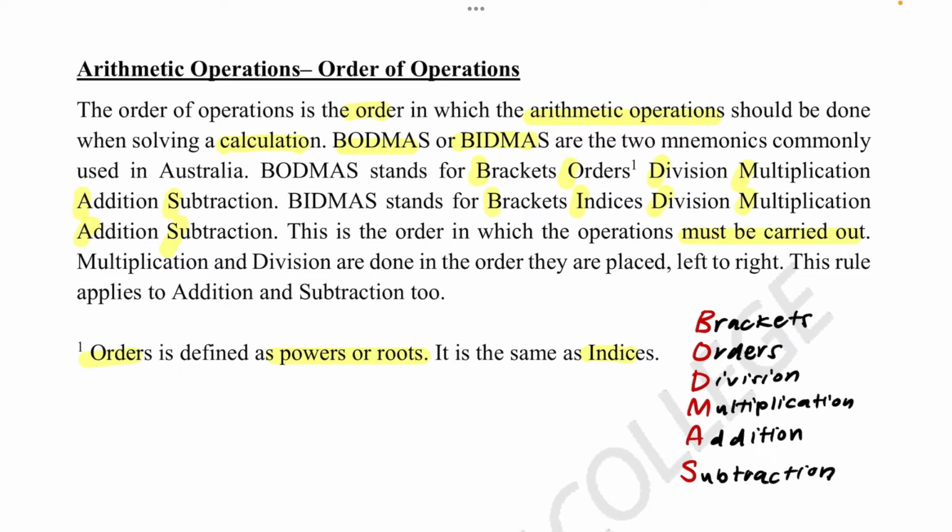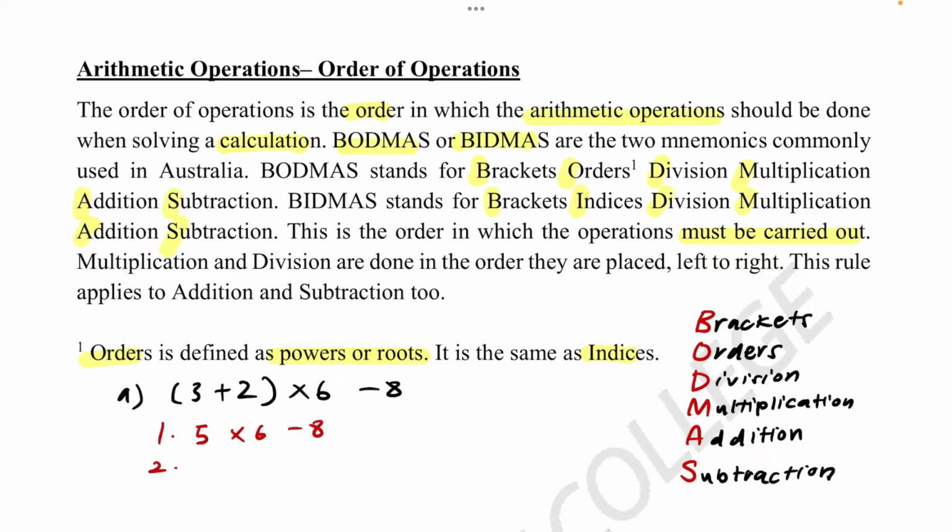Let's do some examples. Let's say A, we have (3 plus 2) times 6 minus 8. How would we do this using BODMAS? So, number 1, we'd start off with the brackets. So the brackets would be 3 plus 2, which is 5, and then we times by 6 and minus 8.